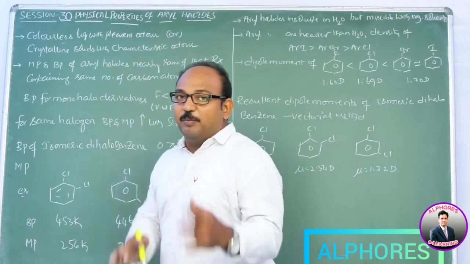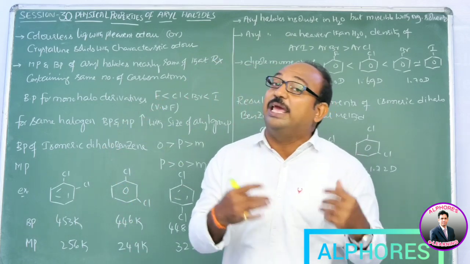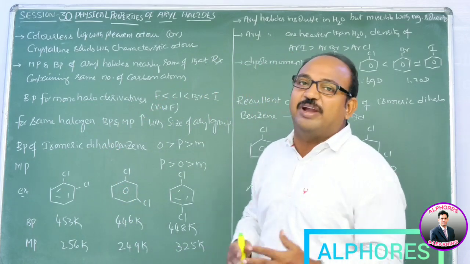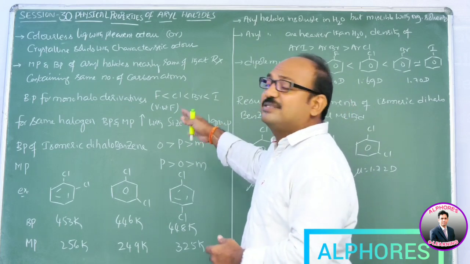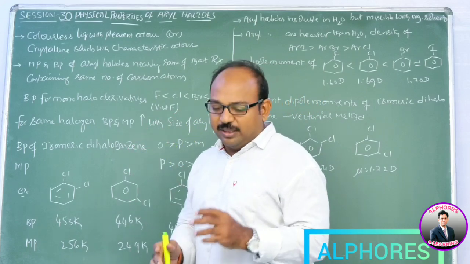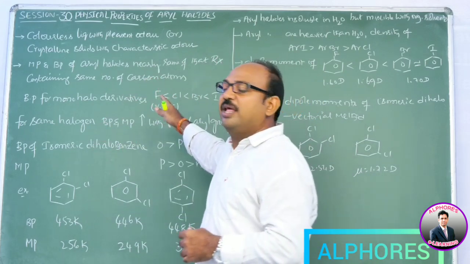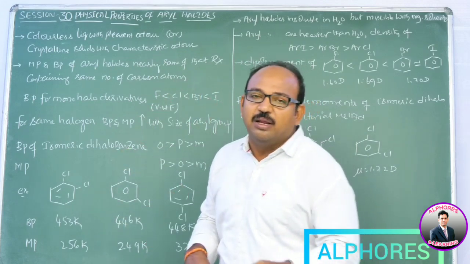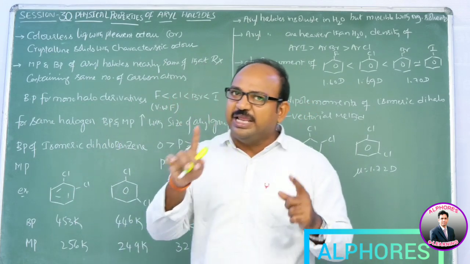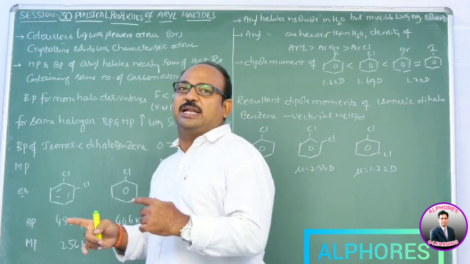And the boiling point for monohalo derivatives, if you observe, follows fluorides less than chlorides less than bromides less than iodides. That means if we compare fluorobenzene, chlorobenzene, bromobenzene and iodobenzene, the benzene ring is common but they differ in the size of the halogen atom.